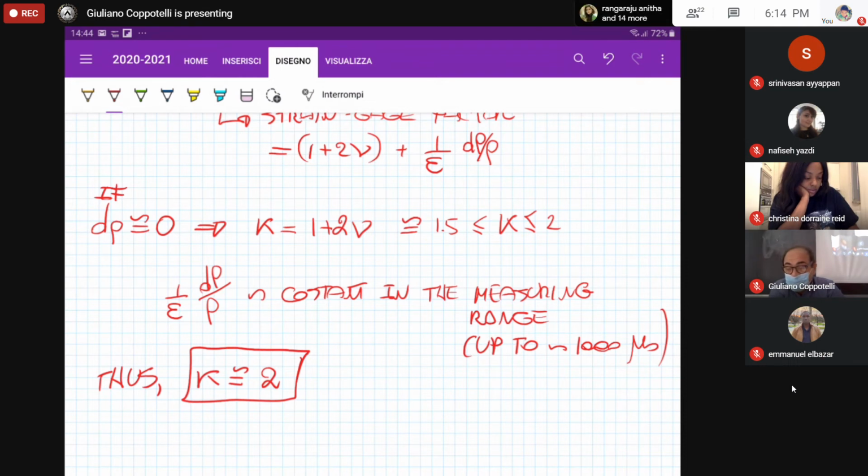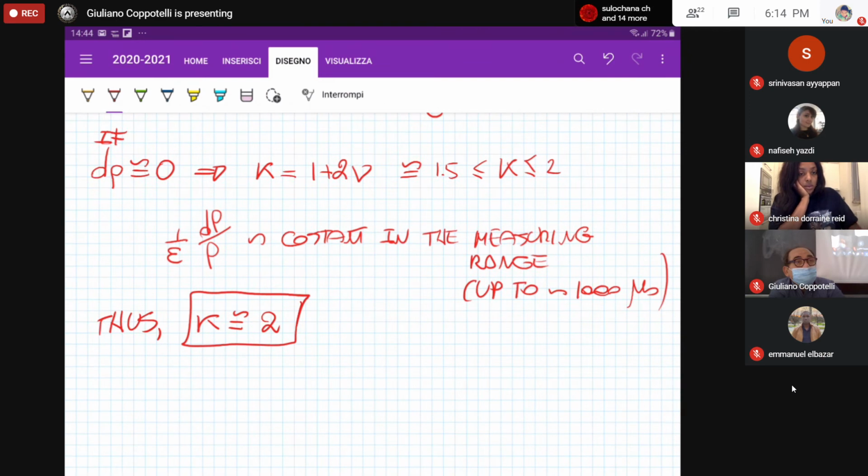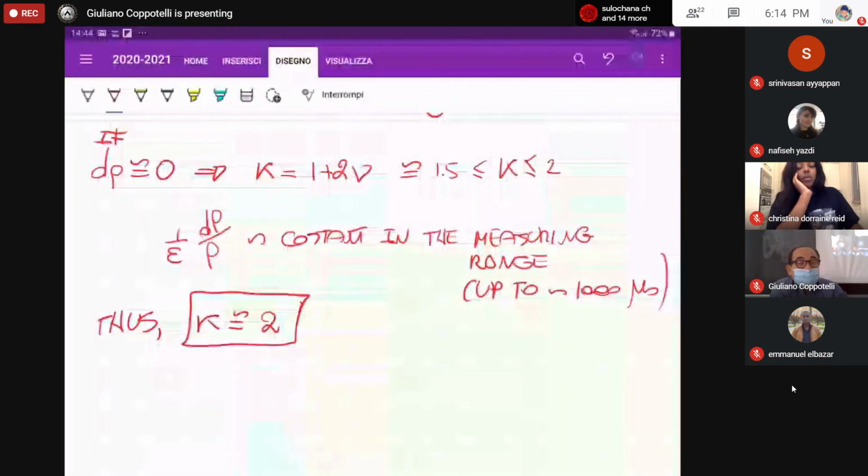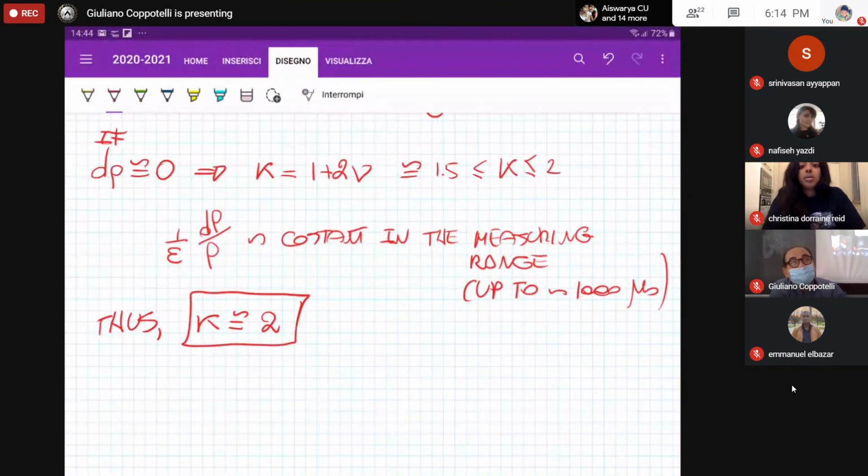Yes, it depends on materials, but generally speaking, this K, the strain gauge factor, is constant and about 2. There are differences if you go into details, you will see something in the laboratory, but 2 is the reference value for the K constant.